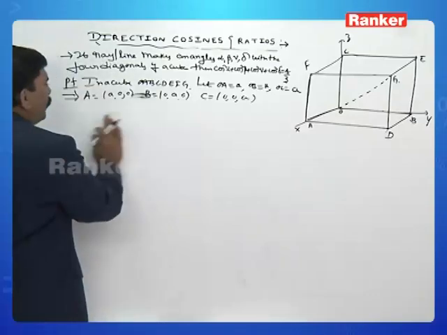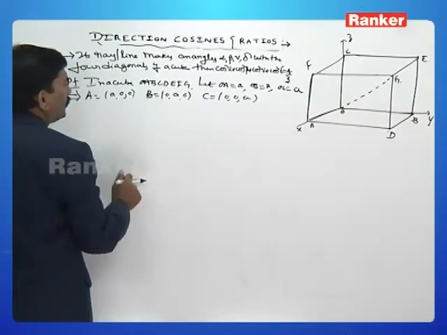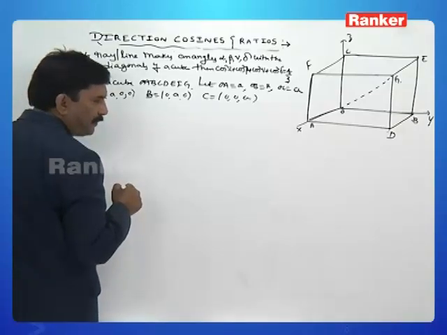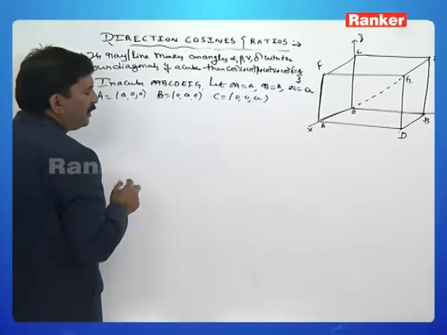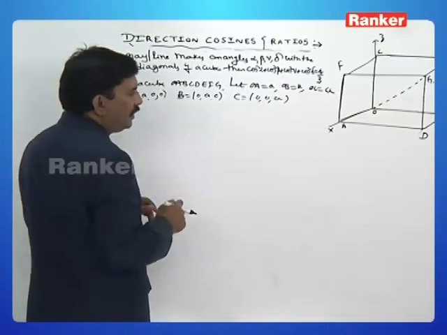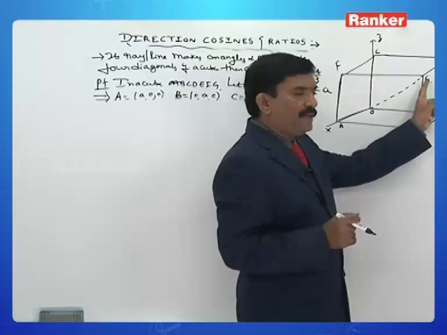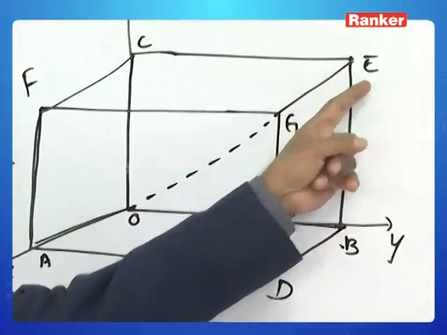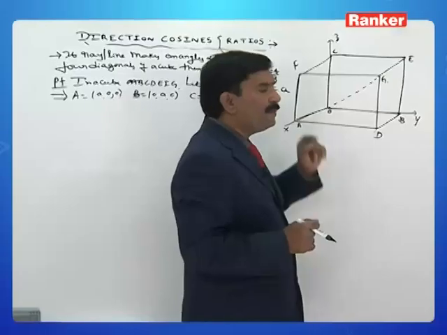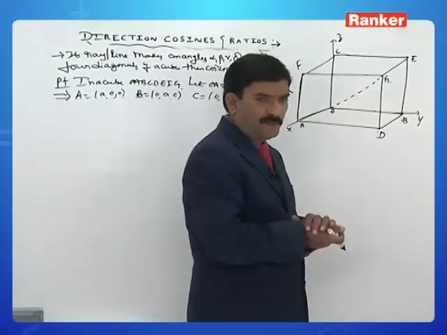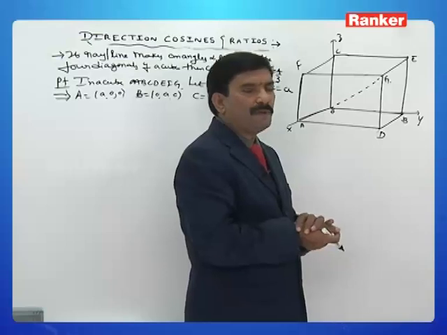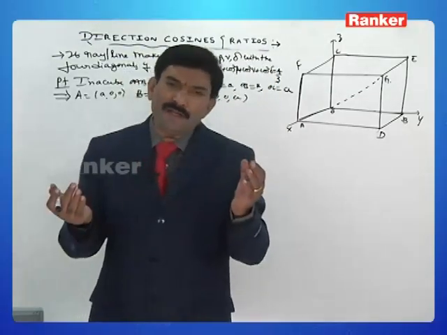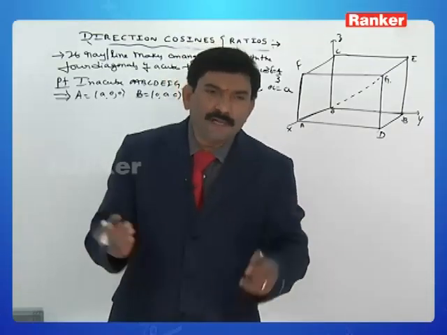Now let us see what I can write. Now G is a point in space as we discussed earlier. G is a point in space, D is a point in xy plane, E is a point in yz plane, F is a point in zx plane. According to the presence of the coordinate planes, the coordinates of them will be there.